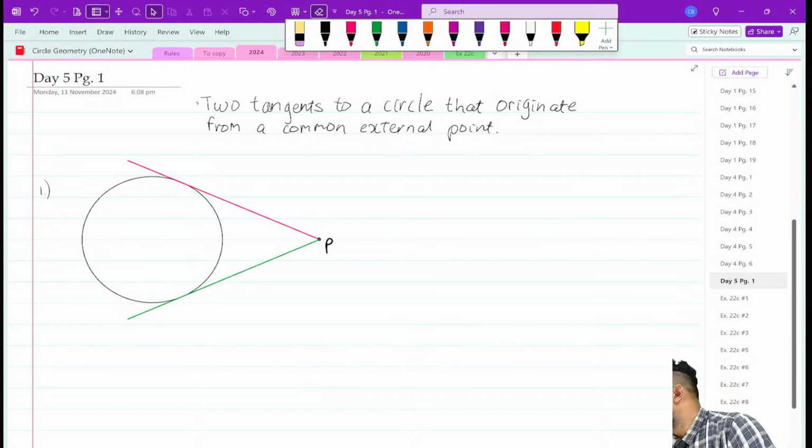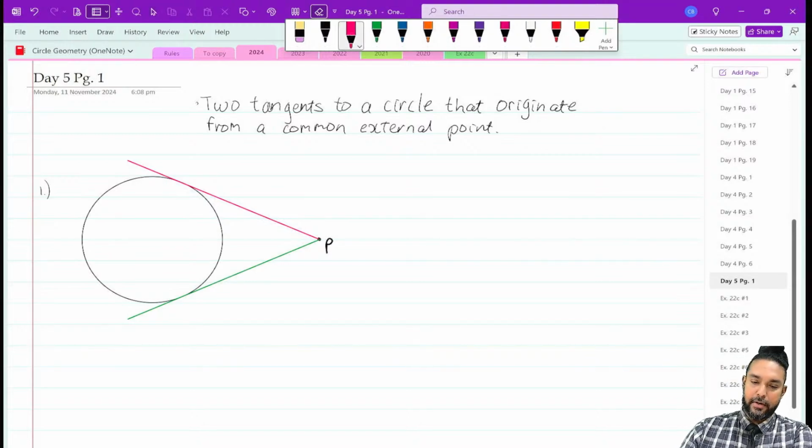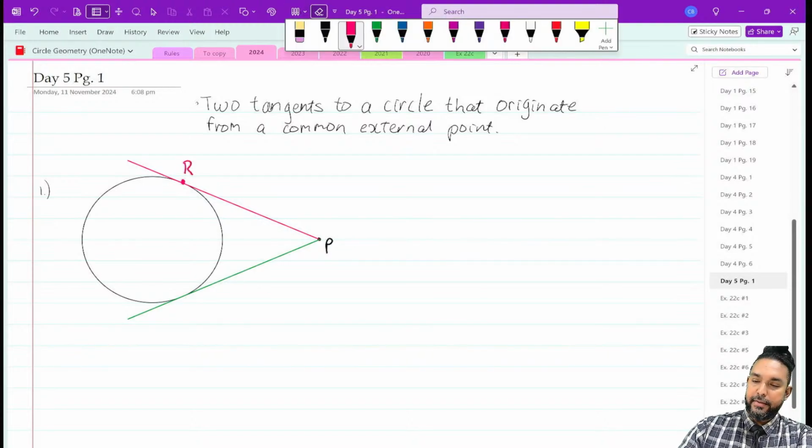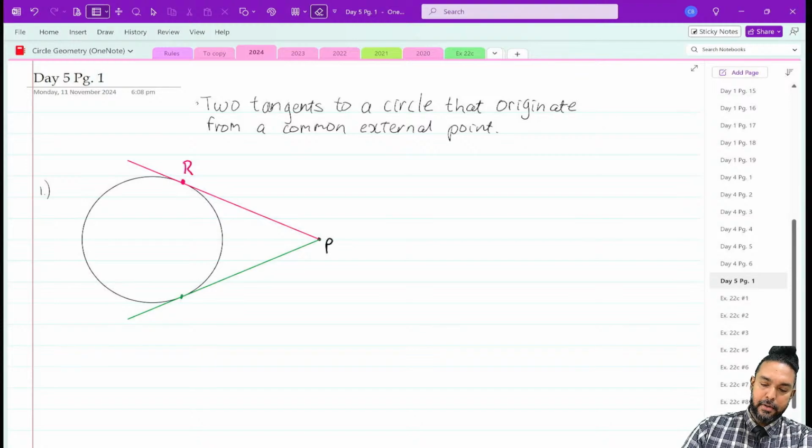Right, so let's call it R and Q, right? So we're going to call this point of tangency R, right? And this one down here, we're going to call that Q. And we have a couple of observations.